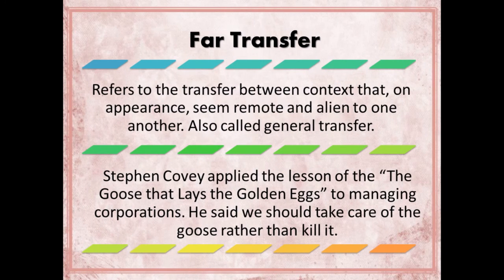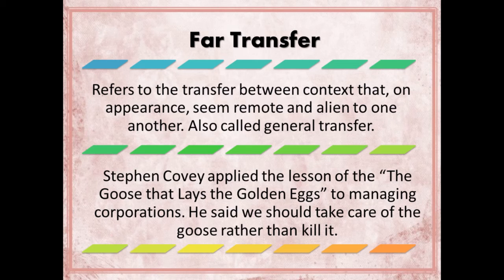Now, far transfer refers to transfer between contexts that on appearance seem remote and alien to one another. And this is also called general transfer. No? So this is similar to using an analogy.